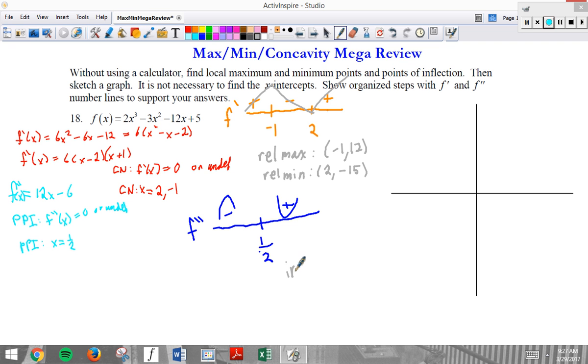And this is a point of inflection at 1/2, comma, that's going to be a fourth, minus 3/4, so -1/2, minus 6, -6.5, plus 5, -1.5.